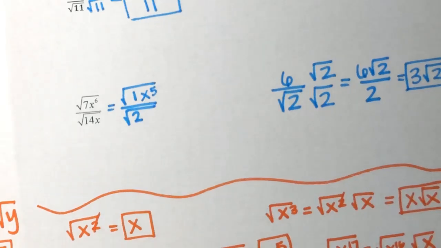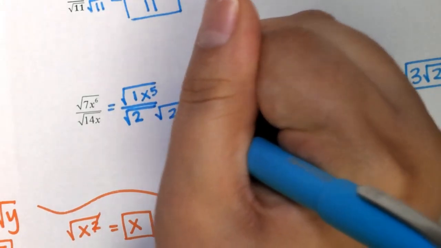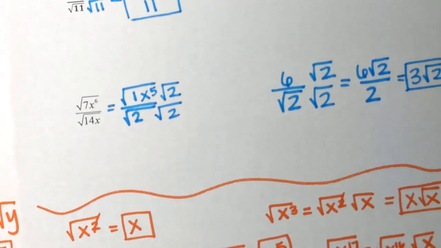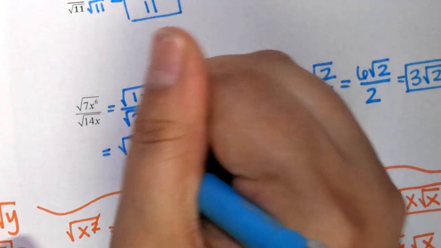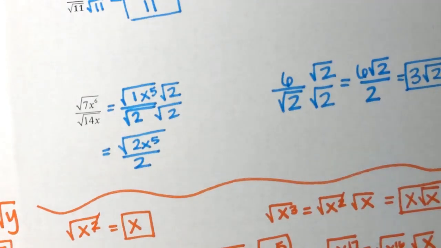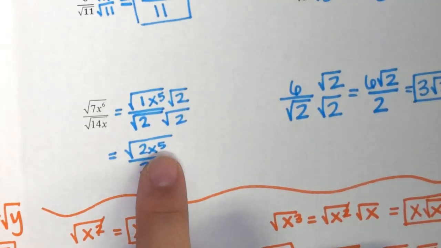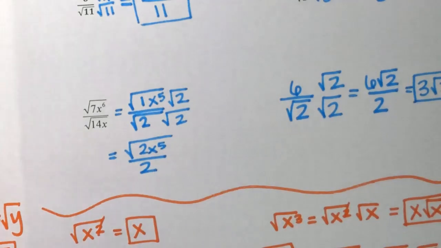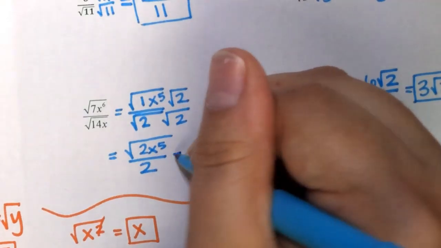Can I have a radical in the denominator? I'm going to rationalize. Times square root of 2 over square root of 2. And that's going to give me 2x to the 5th over 2. What is x to the 5th going to become? X to the 4th and an x by itself, which becomes what?